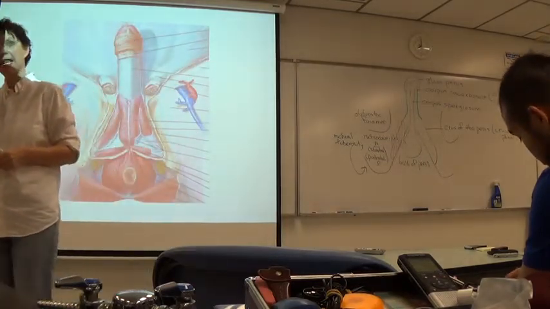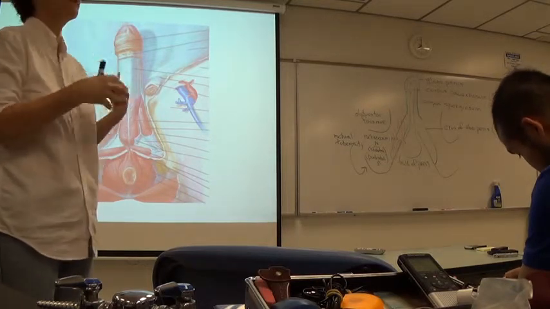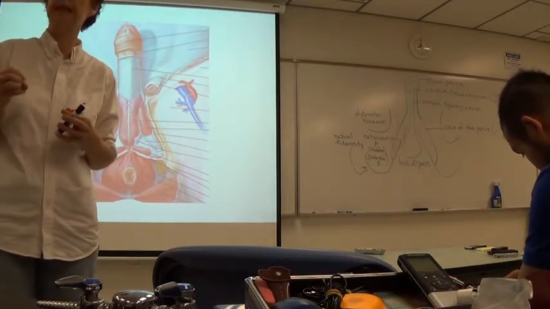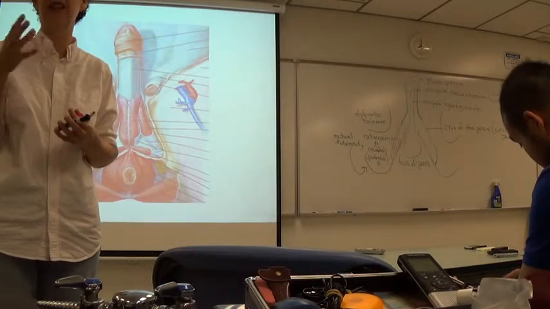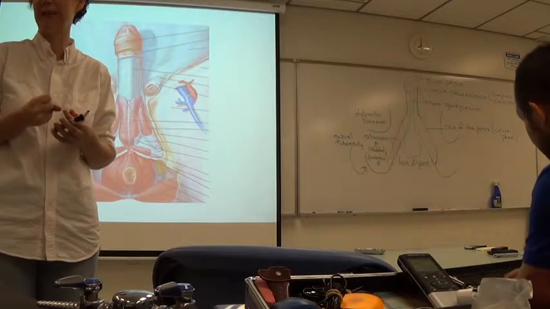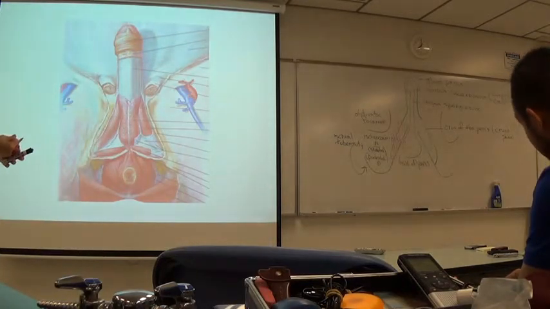So, erection is a parasympathetic event. We'll talk about it a little bit. Normally it's sympathetic that causes constriction or dilation of blood vessels, but this is the one exception. In the case of penile arterioles, it's parasympathetic.